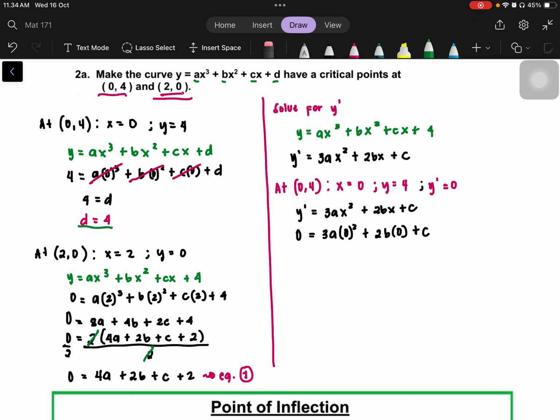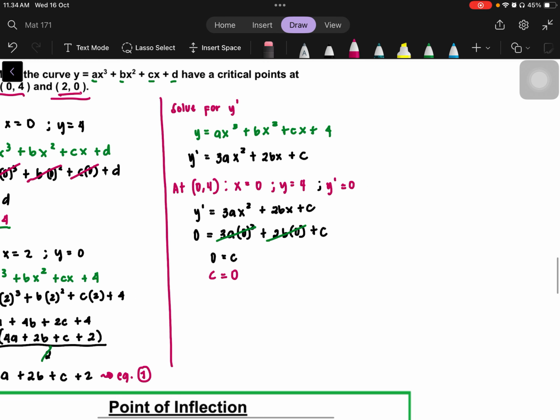Okay, so let's see. Tignan natin. Lahat na minumultiply sa 0, cancel, cancel. Ano na lang ang natira? Ang natira sa atin, 0 is equal to c. So, therefore, c is equal to 0. O, meron na tayo ngayon, dalawa. Okay, nakatapos na tayo sa dalawa ngayon.